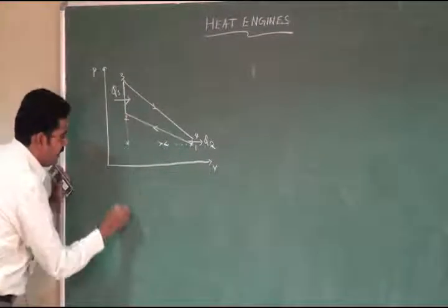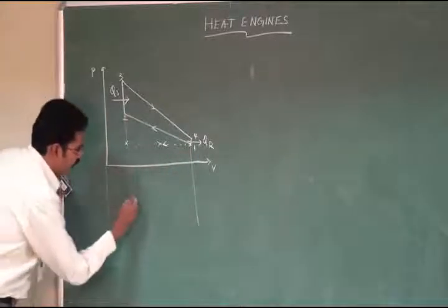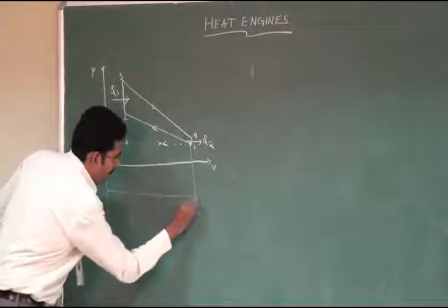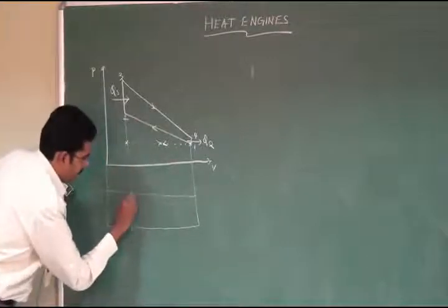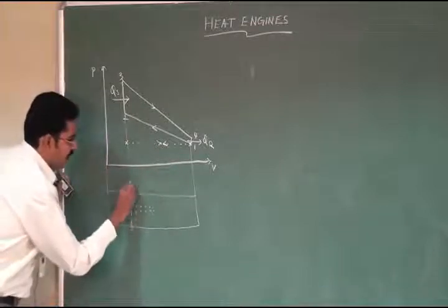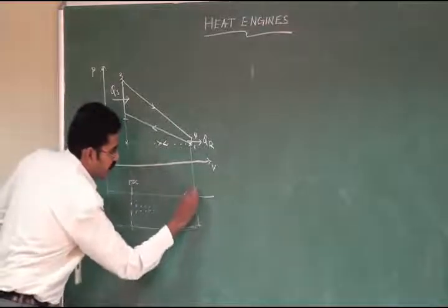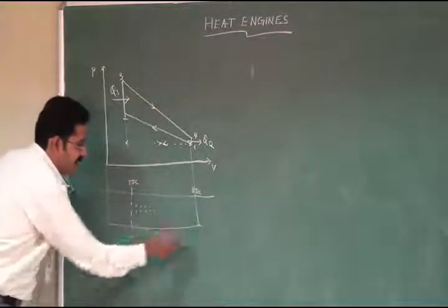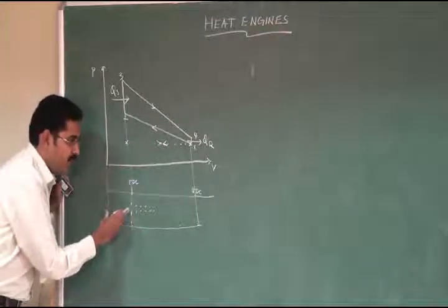For better understanding, I will draw a piston-cylinder arrangement corresponding to the PV diagram. So this is called TDC, top dead center. This is called BDC, bottom dead center. The piston slides between TDC and BDC. This volume is termed as clearance volume.